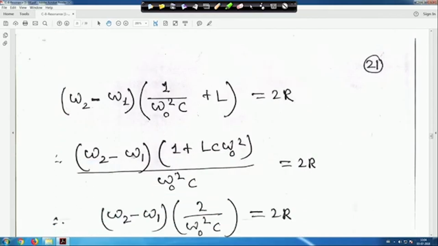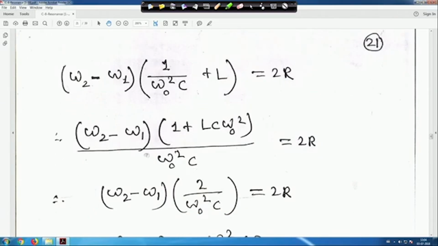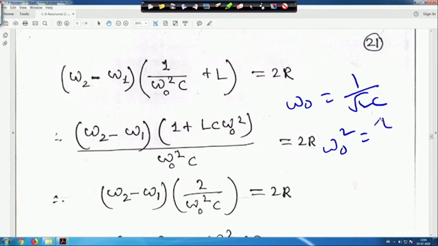So you will get omega 2 minus omega 1 times 1 plus LC omega 0 square divided by omega 0 square C. Now LC omega 0 square is equal to 1, because omega 0 is equal to 1 upon root over LC. Therefore if you square it, omega 0 square is equal to 1 upon LC, and cross multiplication gives LC omega 0 square is equal to 1. So this term is 1, such that 1 plus 1 gives 2.